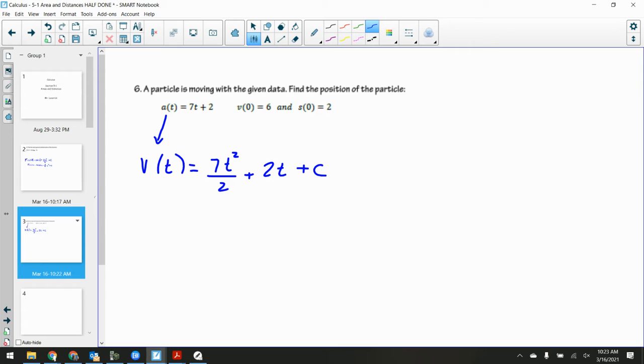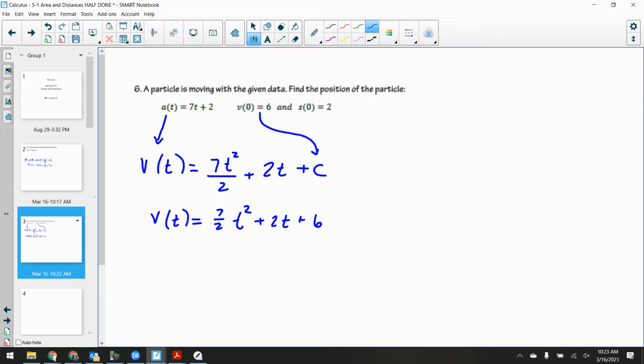I could have given you any one ordered pair, and you could find your c value just by plugging in your t and seeing what you get out, finding that last constant. But I was nice to you. This means that that value is 6. So my velocity equation is 7 over 2 t squared plus 2t plus 6. Everybody follow me to that?